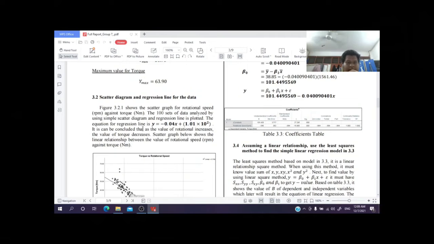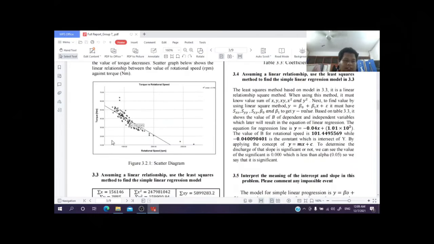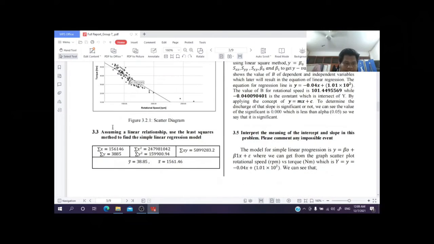It can be concluded that as the rotational speed increases, the torque increases. The diagram below shows the linear relation between rotational speed and torque. So this is the graph. Assuming a linear relationship, the least squares method is used to find a simple linear regression model.